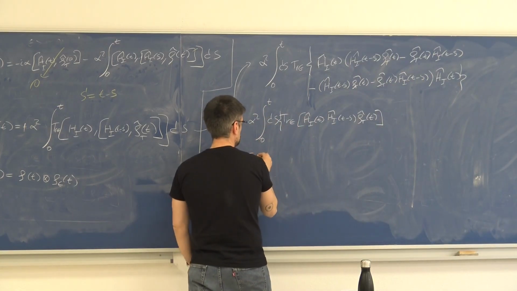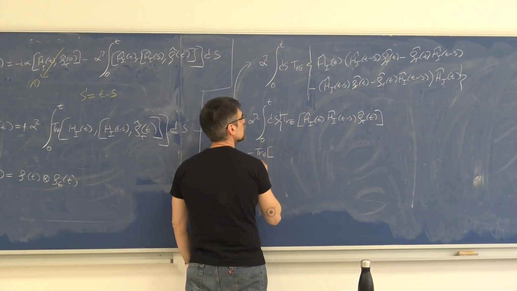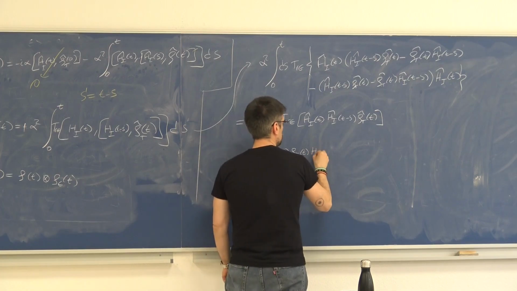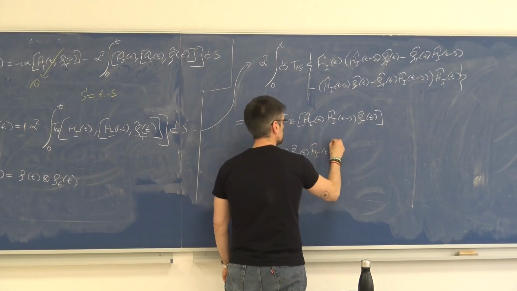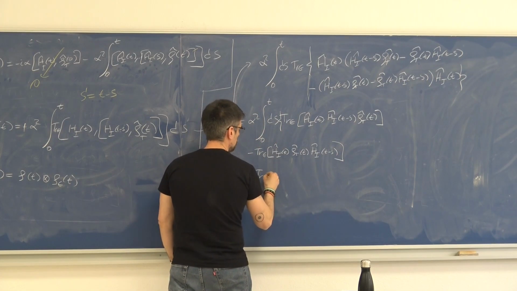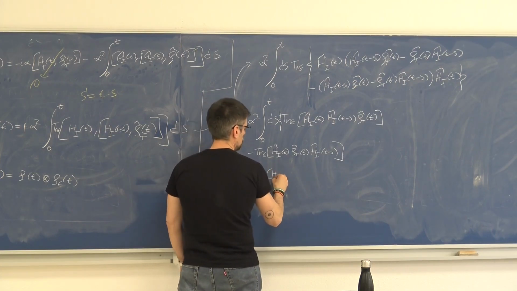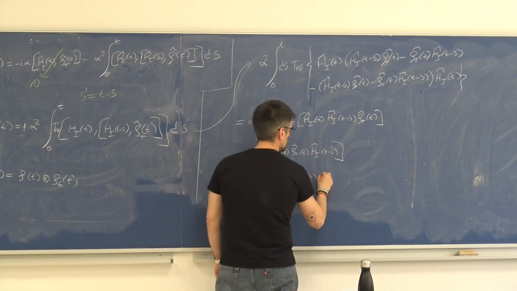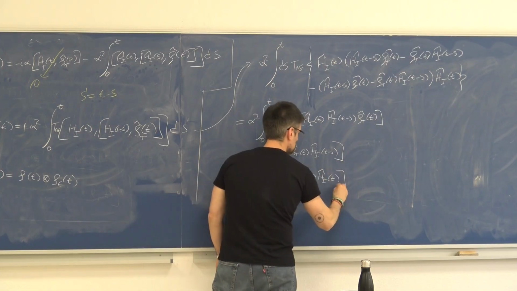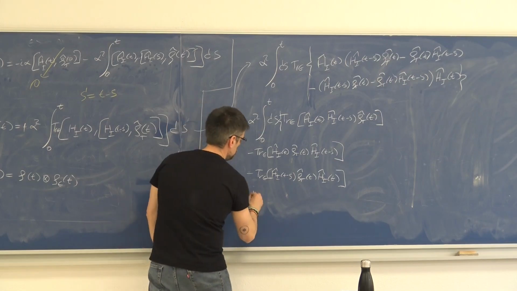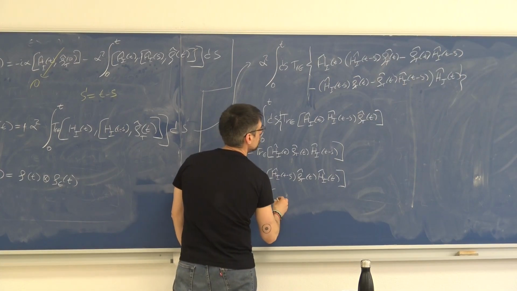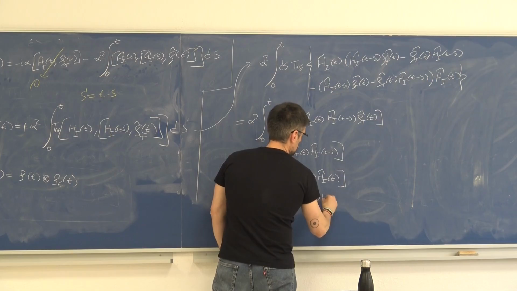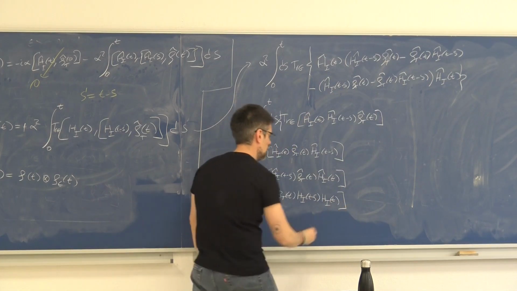Let's write it here now. Minus trace over e of H_I of t rho of t H_I of t minus s, minus trace over e of H_I of t minus s rho of t H_I of t, plus trace over e of rho of t H_I of t minus s H_I of t, and close.